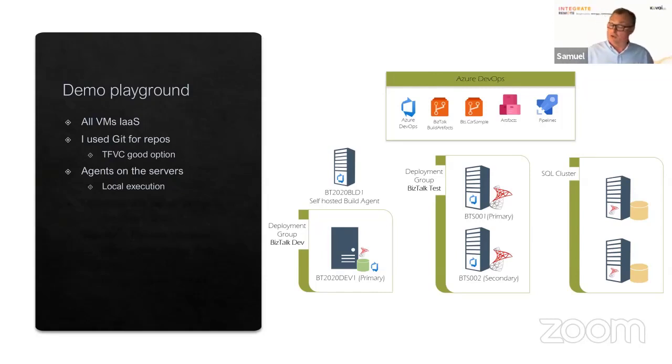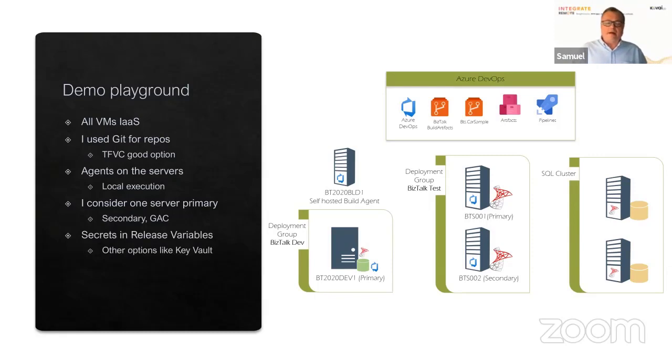So that's my choice, but it's completely possible to create scripts that actually do the deployments remotely. If we look at the test environment where I have multiple servers, I consider BTS1 as the primary server and BTS2 as a secondary. And as we will see later, I will do a little bit different things on them.